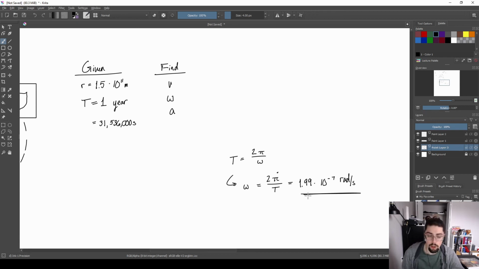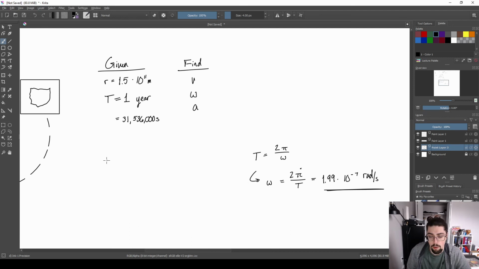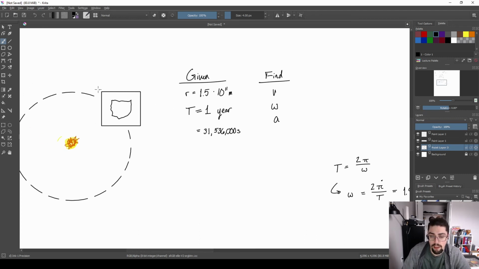But that's our first value, and I know I skipped over v, so let's go back to that. Now we're looking for tangential velocity. How fast is it moving? It's kind of like this, right? At this moment in time, going around the circle, that is our tangential velocity. Probably the easiest way to write this one out is going to be 2 pi r divided by T. Just in the same way that I could say that period is equal to 2 pi r divided by v.